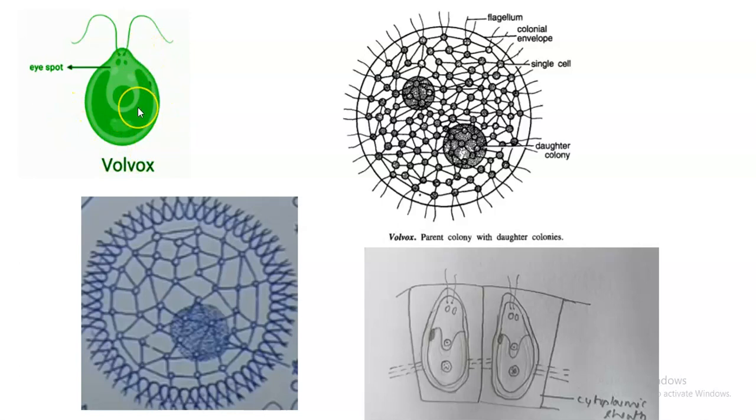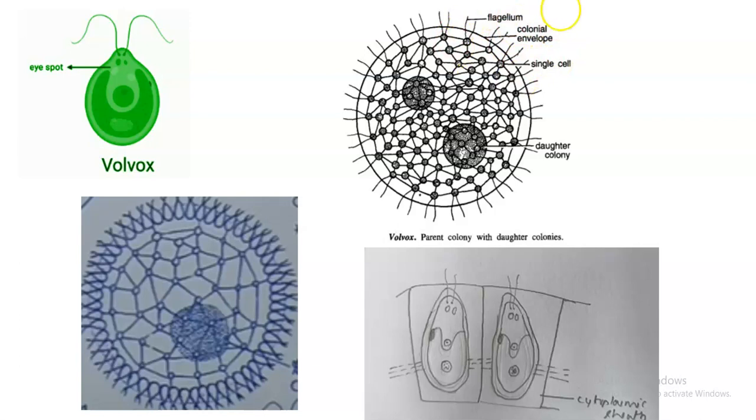Today we'll see the parts of Volvox, the function of each part, and how it looks. If I zoom into this part, imagine a spherical ball. These cells are on the surface of the ball. Within the hollow body of the sphere, there is a substance called mucilage or gelatinous matrix, like the hollow area of a rubber ball.